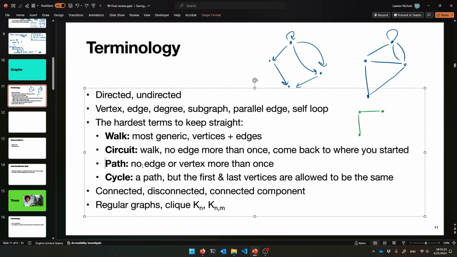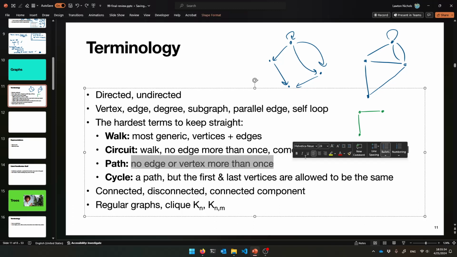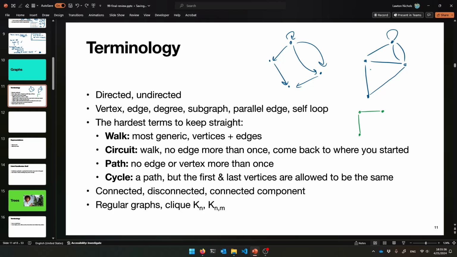Paths is a little bit more side conditions, more requirements. So that's when you can't visit vertices or edges more than once. So like this for example, that's a path right there. But I can't do this. I can't come back, and then also I can't reuse vertices or edges more than once.